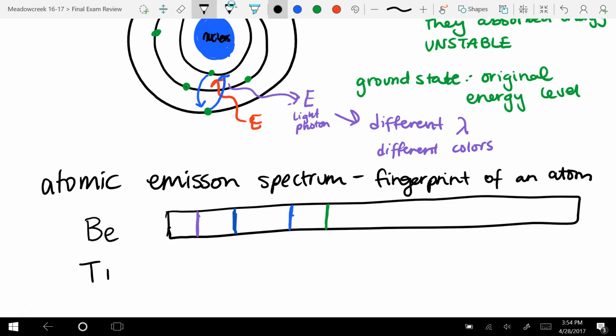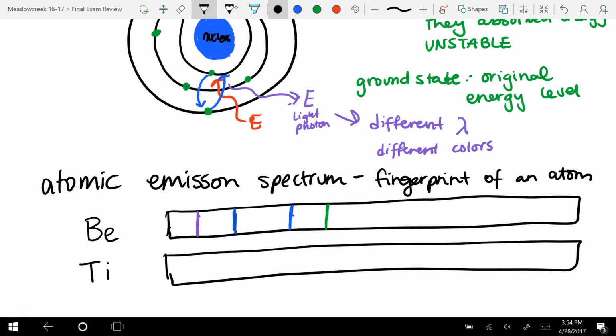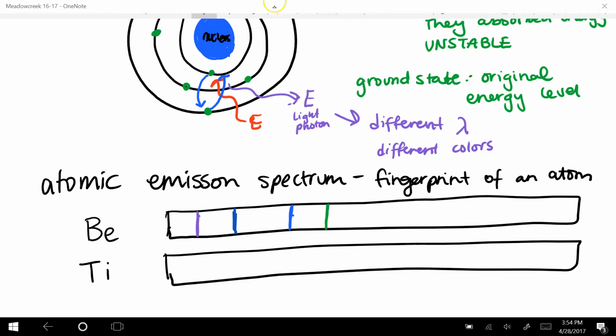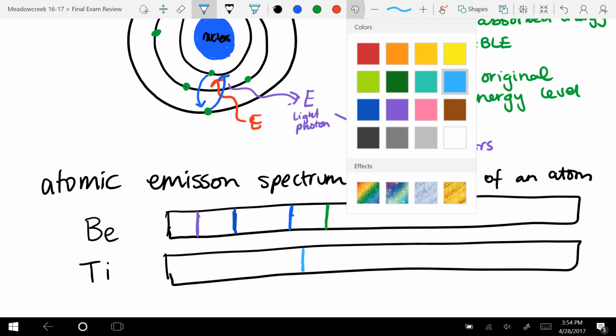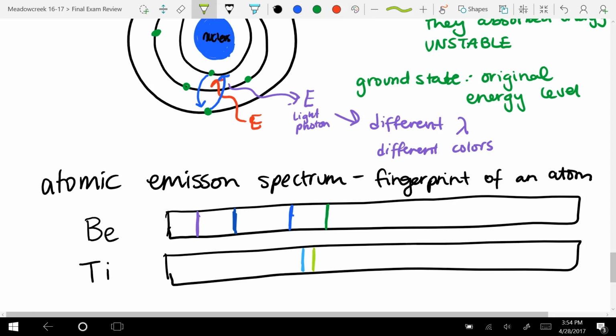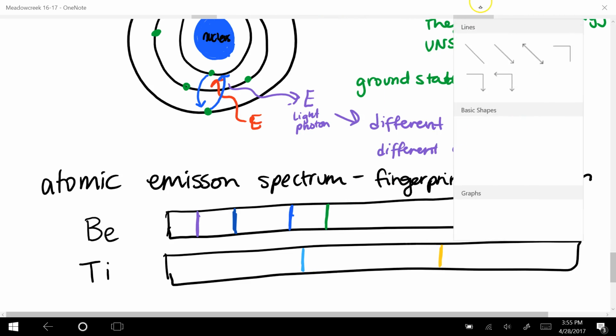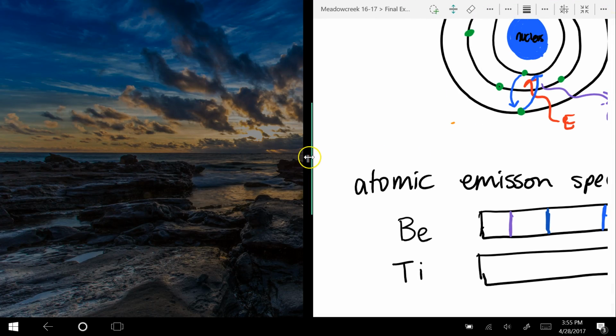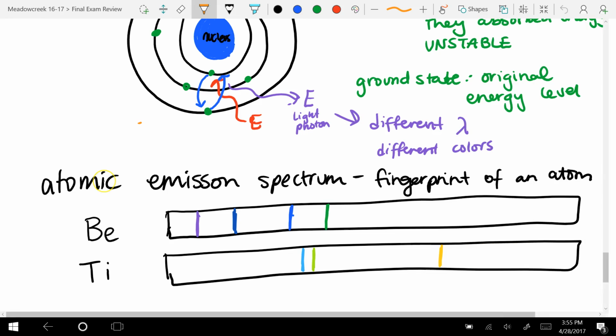Whereas titanium, if we were to have the atomic emission spectrum of titanium, has a pale blue line here, and a bright green line, and then a goldy orange color, then a really orange one, then a darker orange line, and a red line here.